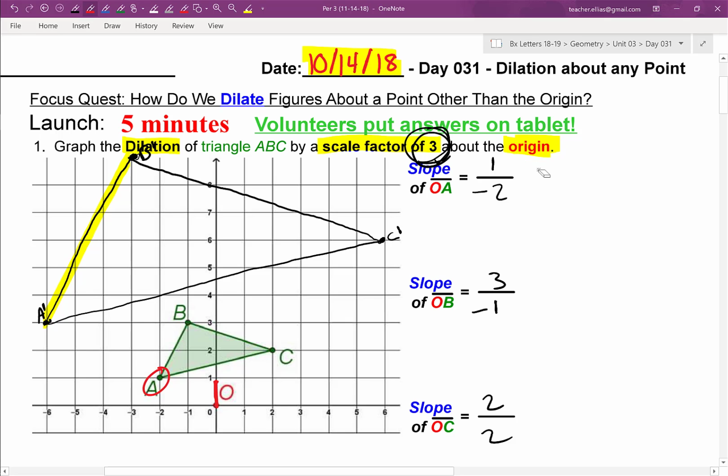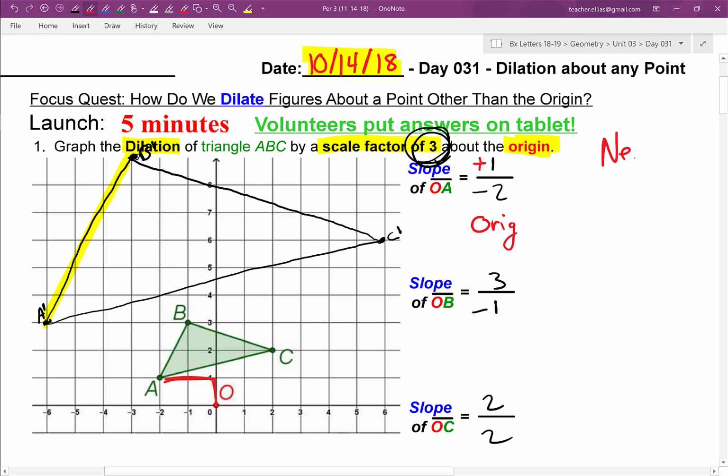From the origin, from our point of dilation to the vertex, are we going up or down? So is that positive or negative? So leave that as a positive. And then are we going left or right? So that's a -2. Is everybody good on where that slope's coming from? That's our original slope.